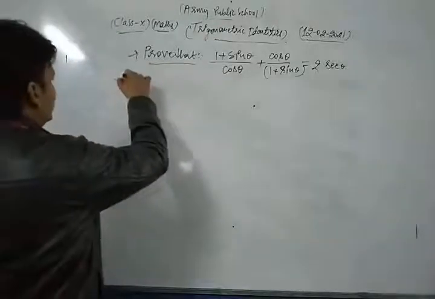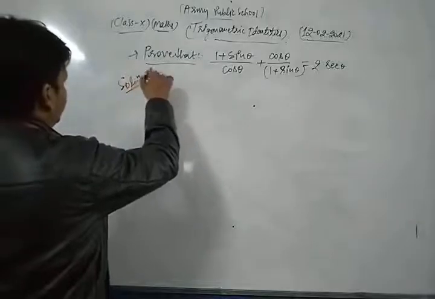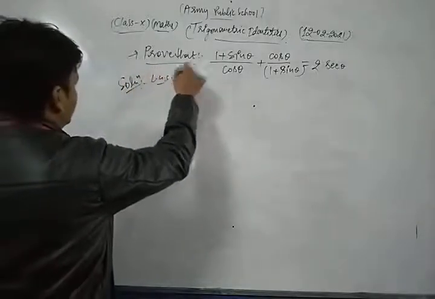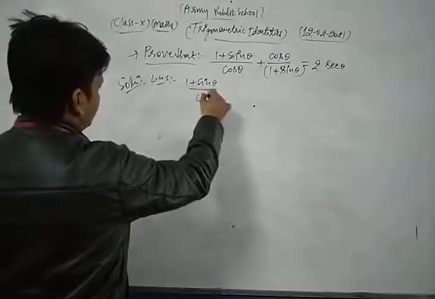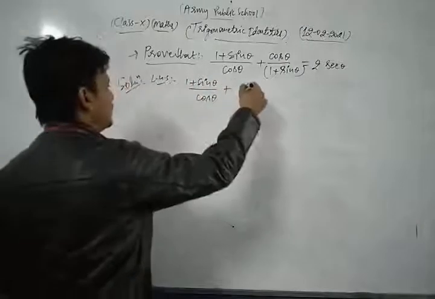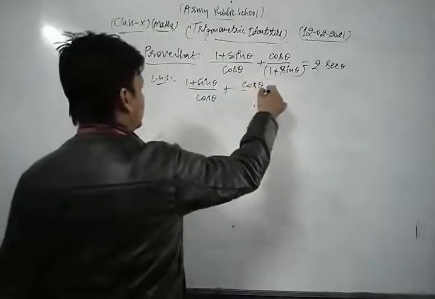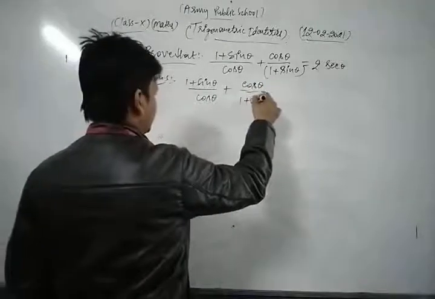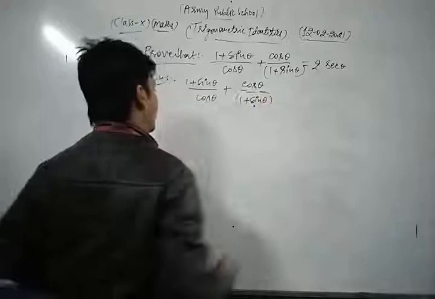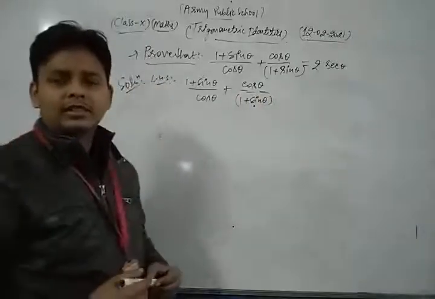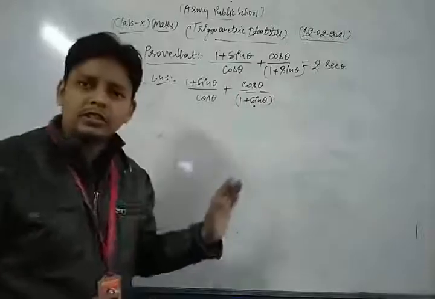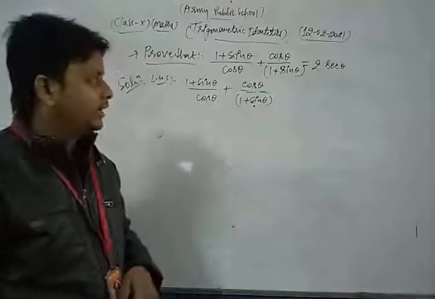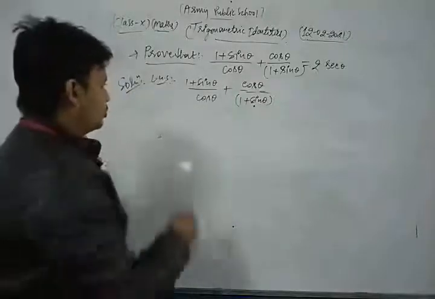First of all, here we take the left hand side. Left hand side is (1 plus sin theta) upon cos theta plus cos theta upon (1 plus sin theta). Now what I do? It is always in sine and cosine, so we take the LCM of their denominators and simplify.